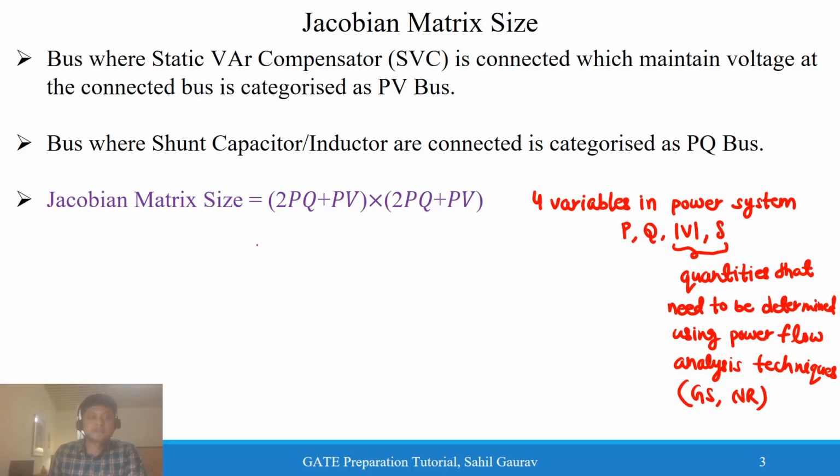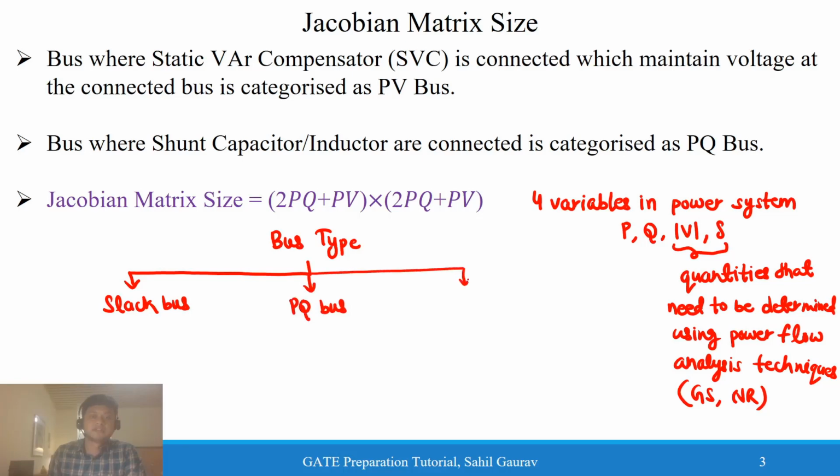There are three types of buses: the first one is the slack bus, then we have the PQ bus, and then we have the PV bus. In the slack bus, the voltage magnitude and delta, the phase angle, are both known.